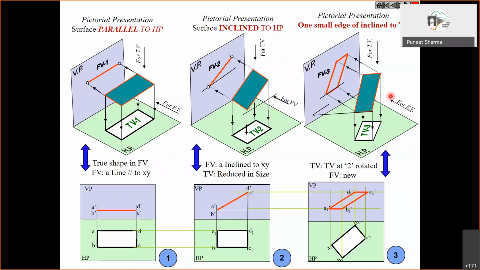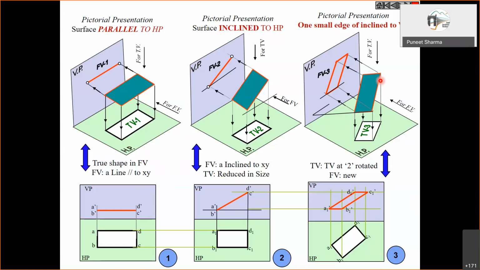This is what we have to achieve, right? So we have a plane figure which is having one of its edges parallel to the horizontal plane and inclined to the vertical plane. One of the edges of the plane figure is parallel to the horizontal plane and inclined to the vertical plane. One thing.